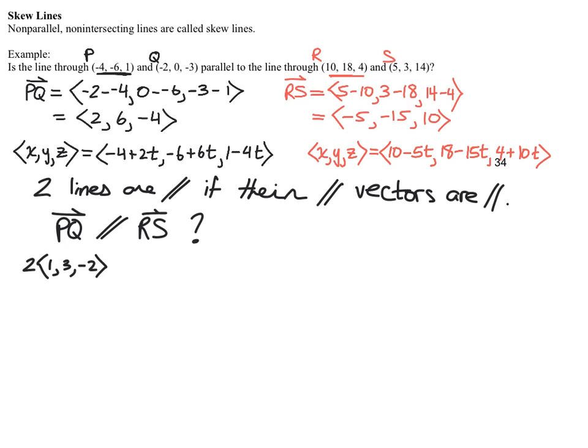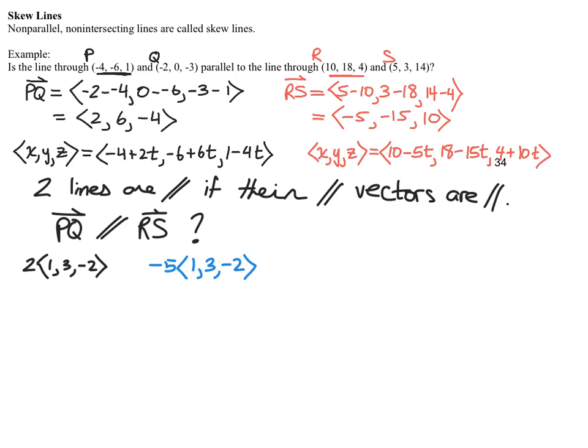So if the basis of RS is the same vector, then we have parallel relationships. So I'll do the same thing with the negative 5, negative 15, 10. In that case, it looks like I can pull out a negative 5. If I pull out a negative 5, I'm going to have 1, 3, negative 2.